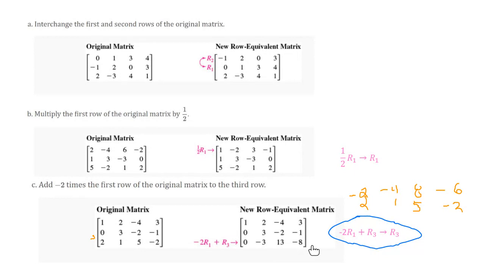So this is an example of how to add two rows together. In the syntax, I'm multiplying first a number to row 1, and I'm adding it to row 3 to get a new row 3. This is always the format. The single arrow points to the new row that you are getting, depending on the operation. So you see here, I'm multiplying 1/2 to row 1 to get a new row 1.